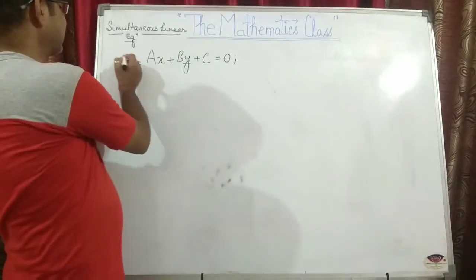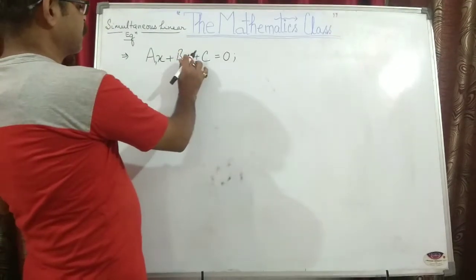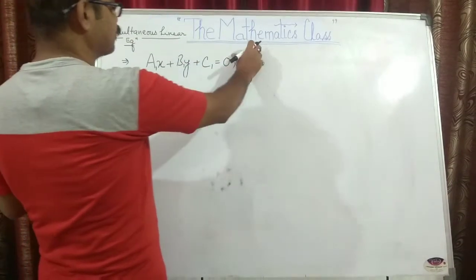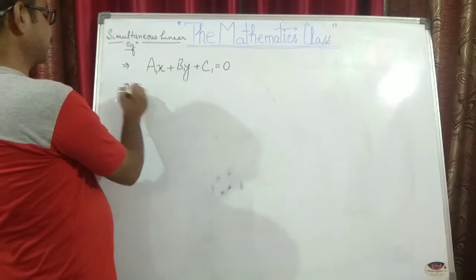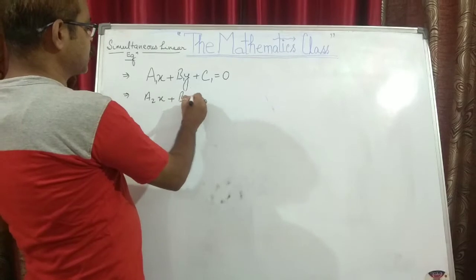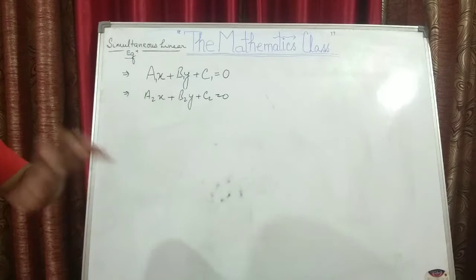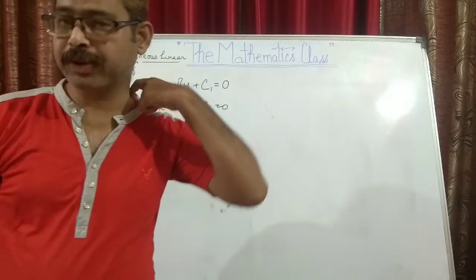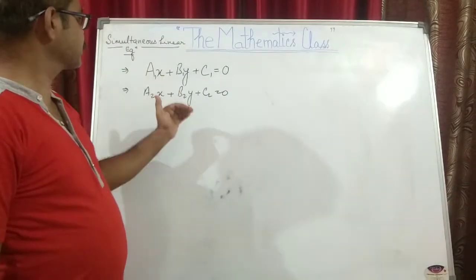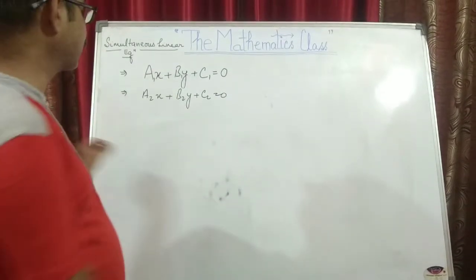Let there be two equations. Let the first equation be a1x plus b1y plus c1 is equal to 0, and let the second equation be a2x plus b2y plus c2 is equal to 0. Now this is a pair, or more precisely a system of linear equations in two variables.